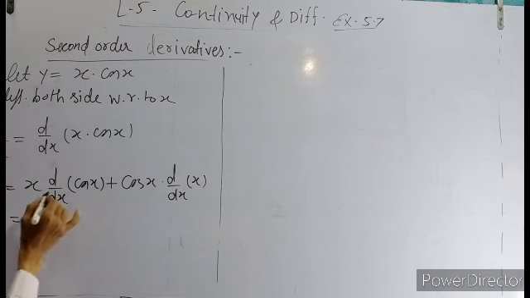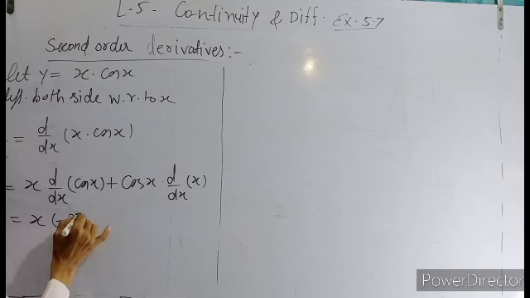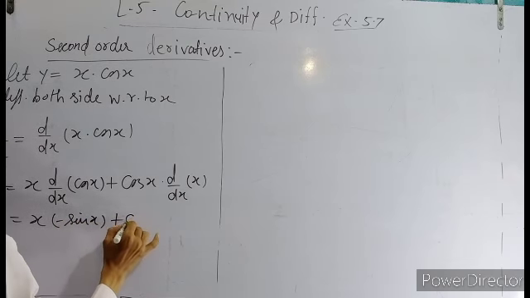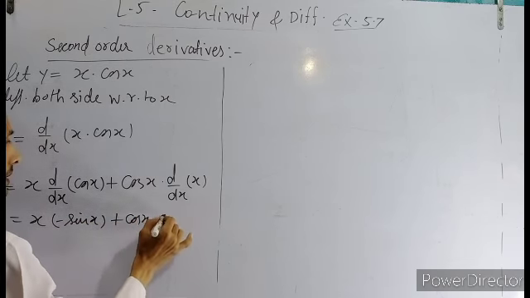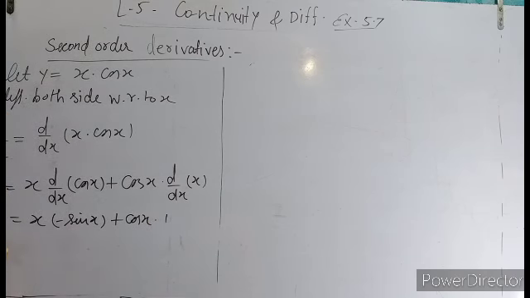So what is the derivative of cos x? Minus sin x, plus cos x into 1. Okay, so dy by dx equal to cos x minus x sin x.